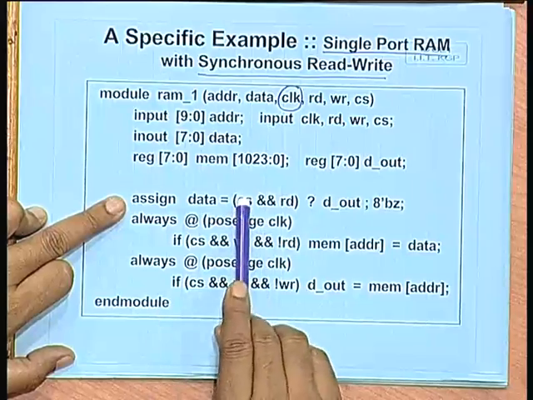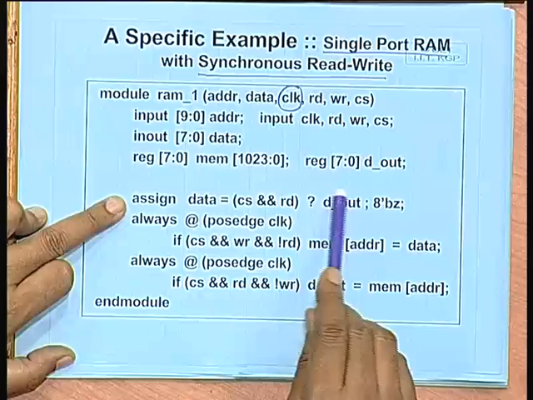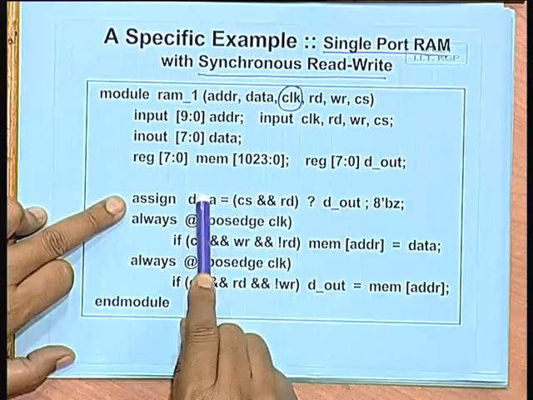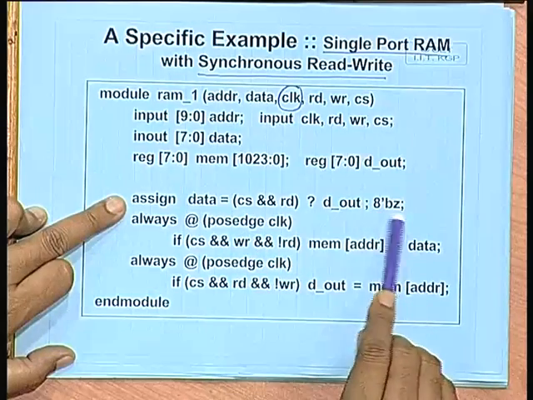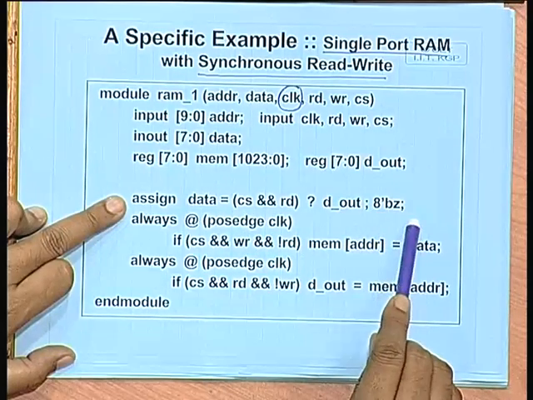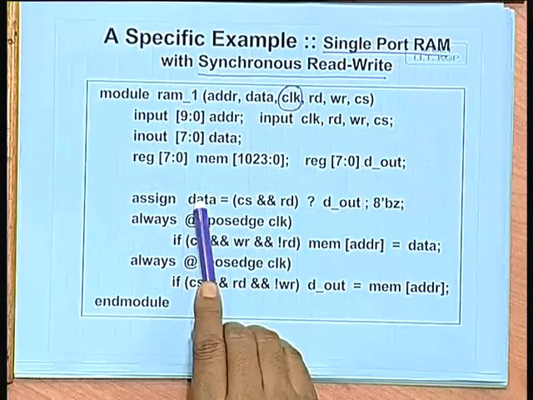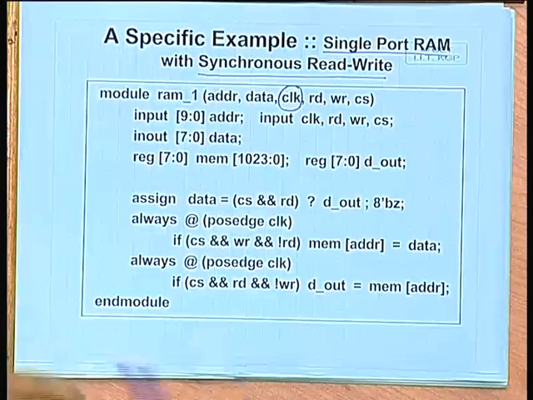So, if chip select is true and read is true, then whatever dout has been computed will get assigned, or else you force it to the tri-state value, 8 Z's, which means you do not assign anything, leave it as it is.